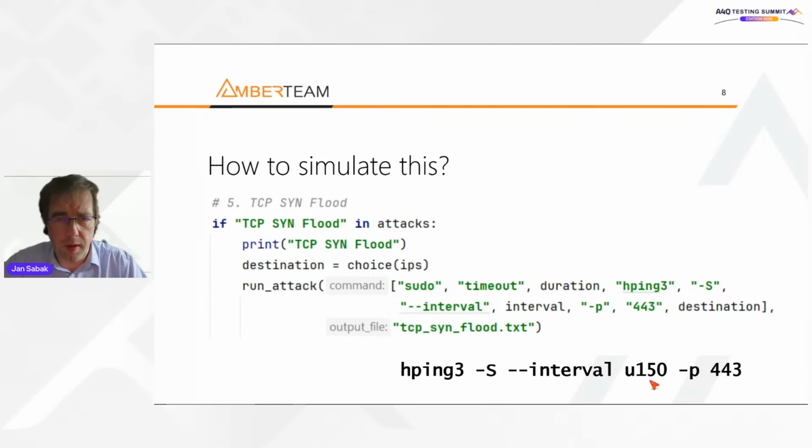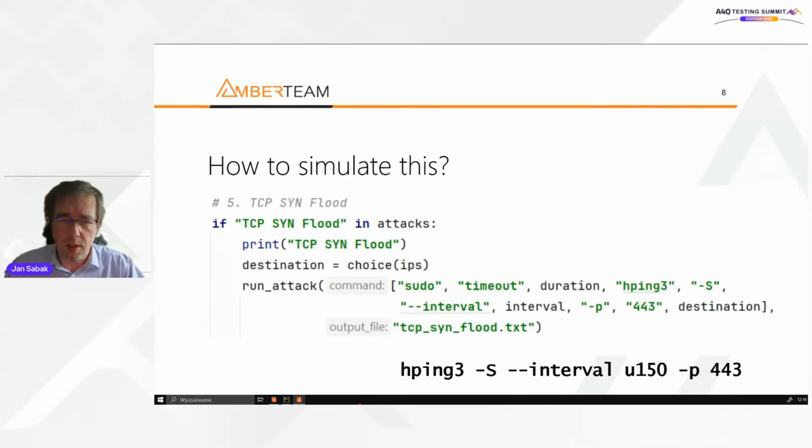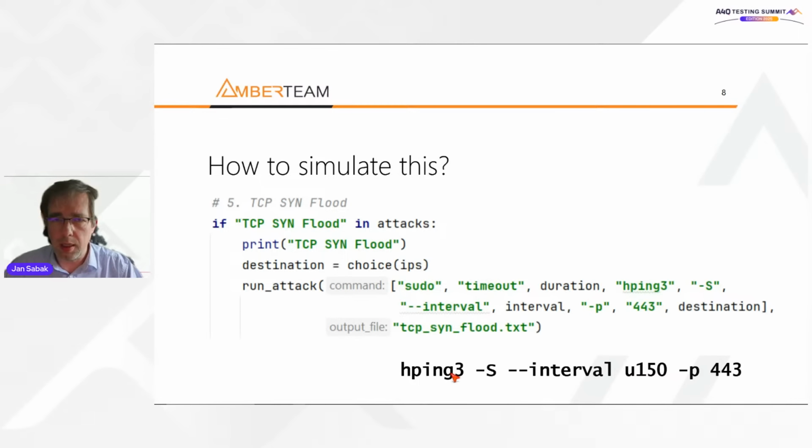Now, what we need to do is to amplify it, to run it on 1,500 machines and to run it for 15 minutes. So one more thing, if you install hping3, it's a somewhat restricted tool. To run this tool, you need sudo. So first of all, it should be sudo hping3, because you need to have root privileges to run this tool.